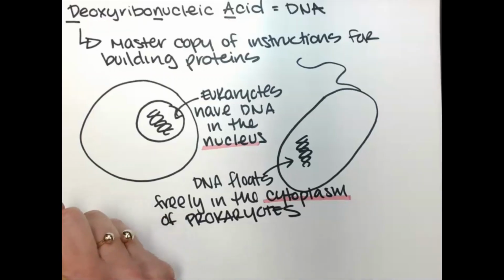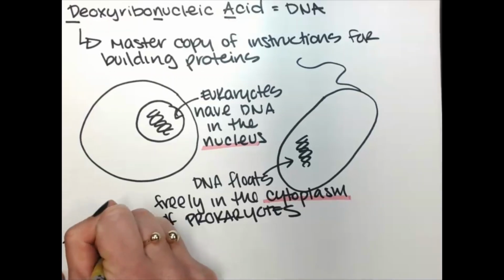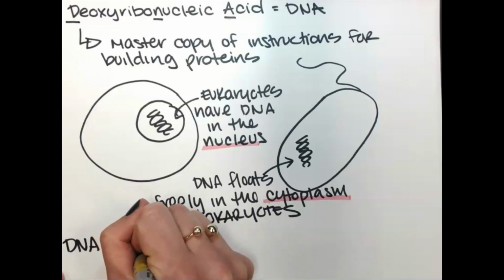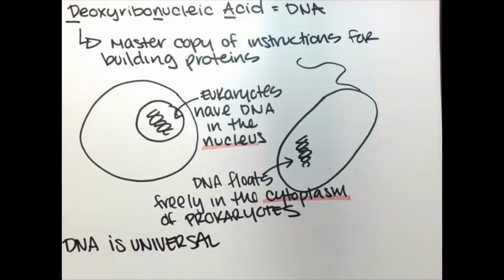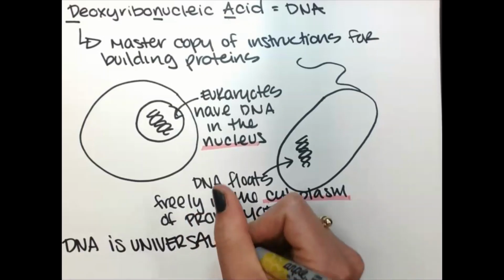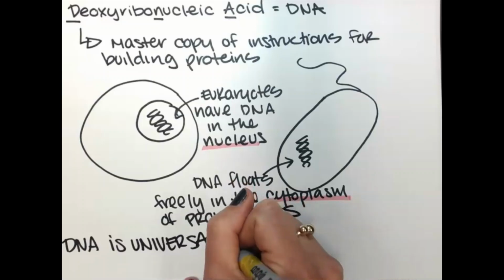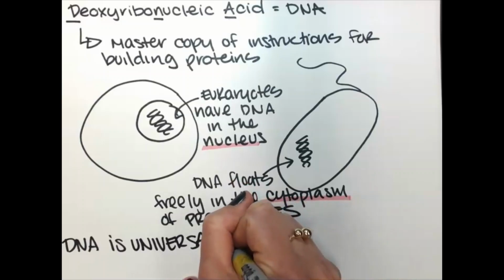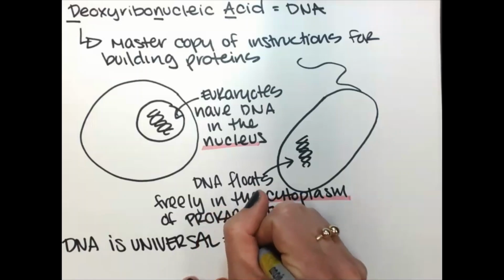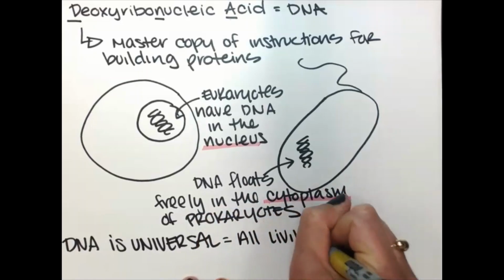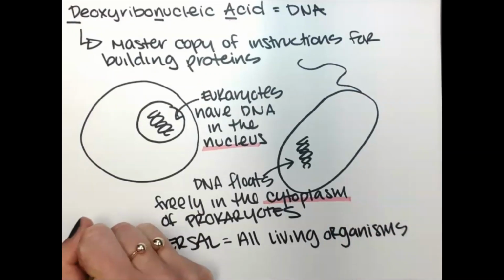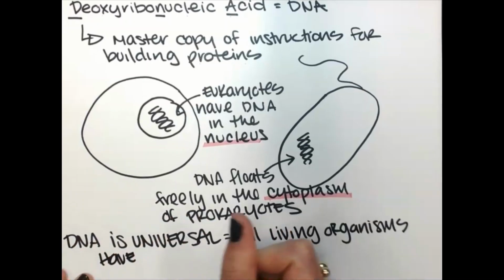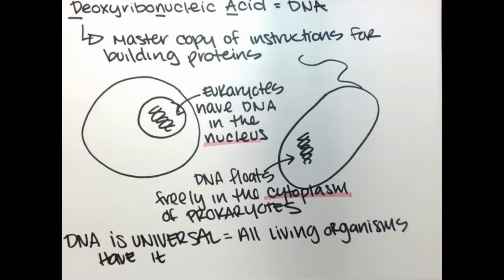But DNA is universal. No matter what kind of organism you are, prokaryote, eukaryote, bacteria, fungus, plant, all of you are going to use DNA. And you're going to use it pretty much the same way.